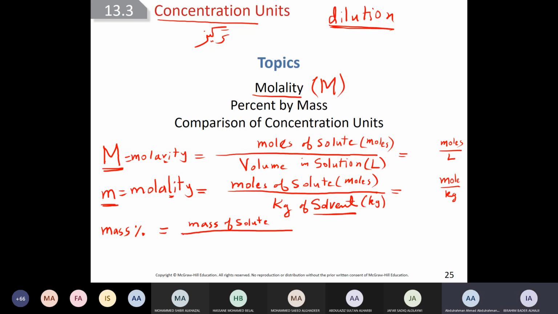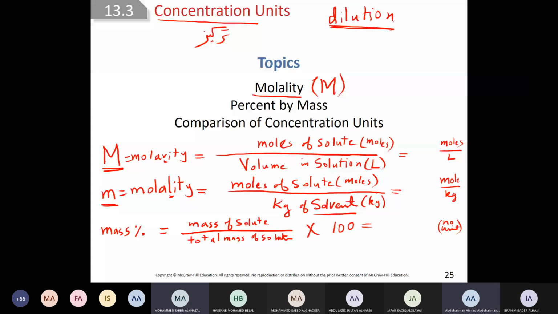Mass of solution, total mass of solution, times 100. And what's the unit? Percent. Unitless. No unit. Is this clear?